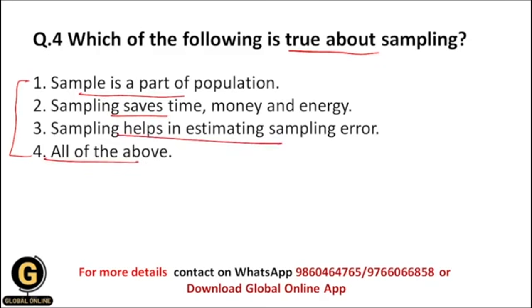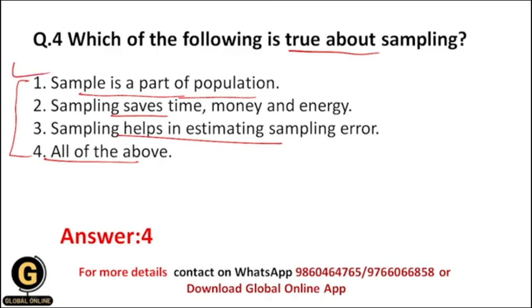So students, the correct answer over here is all of the above, because basically a sample is a part of population, because samples are the units that we actually select from the population itself. So this statement is true.